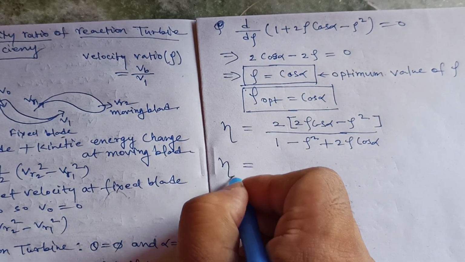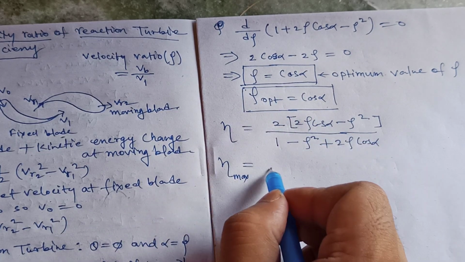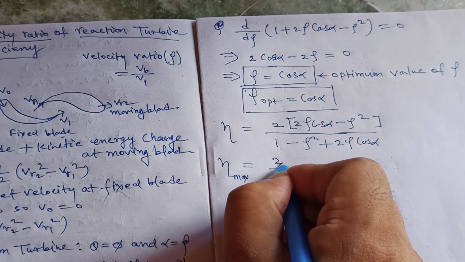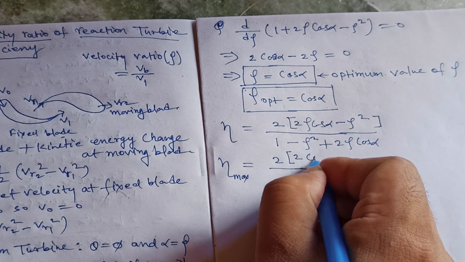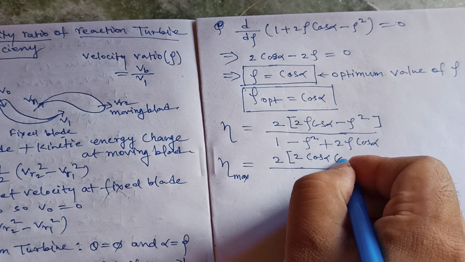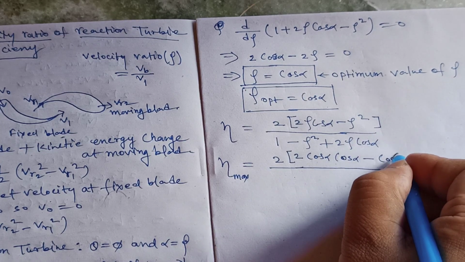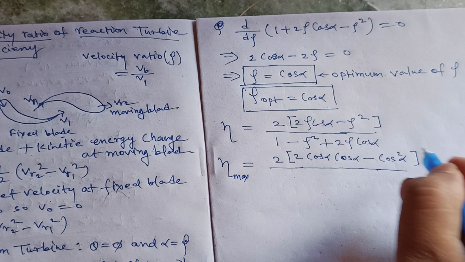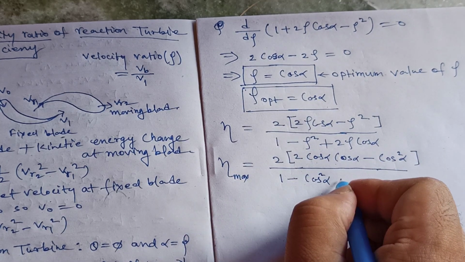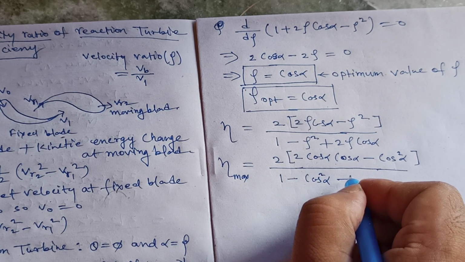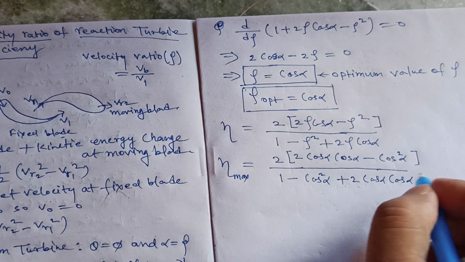Putting rho equals cos alpha, we get 2 cos alpha times cos alpha minus cos square alpha, over 1 minus cos square alpha plus 2 cos alpha cos alpha.